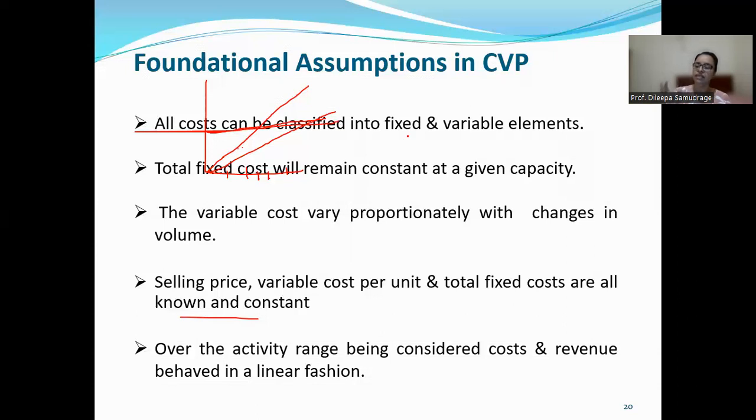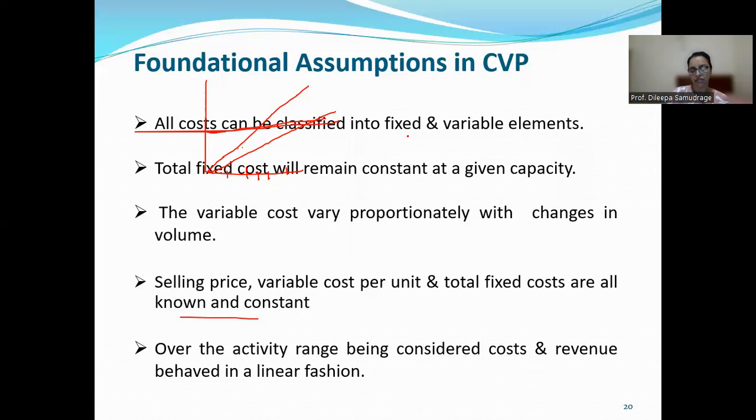But in economics, you have learned that revenues and costs behave in a curvilinear fashion, not straight lines. But here we assume that these behave in a linear fashion.